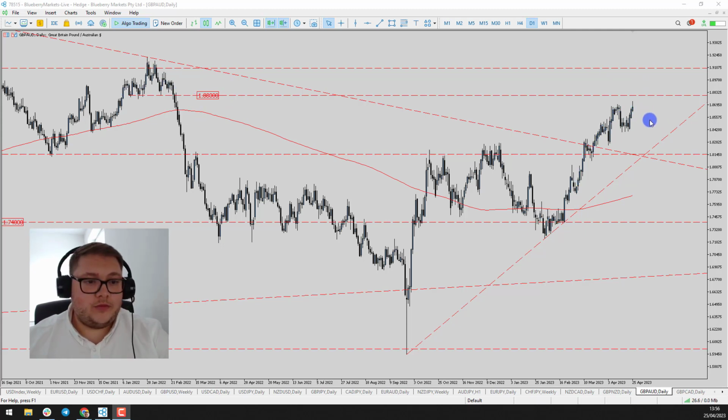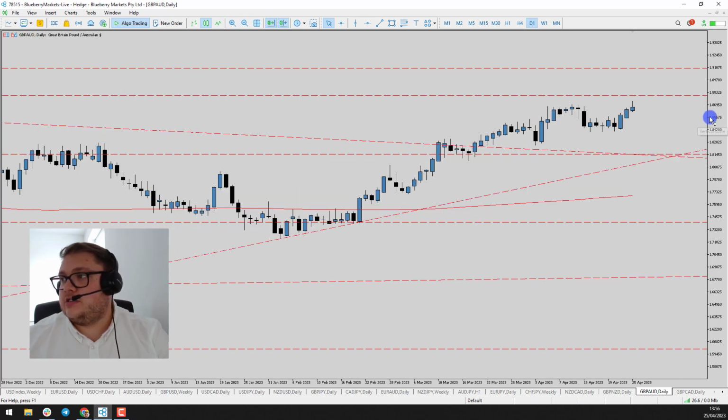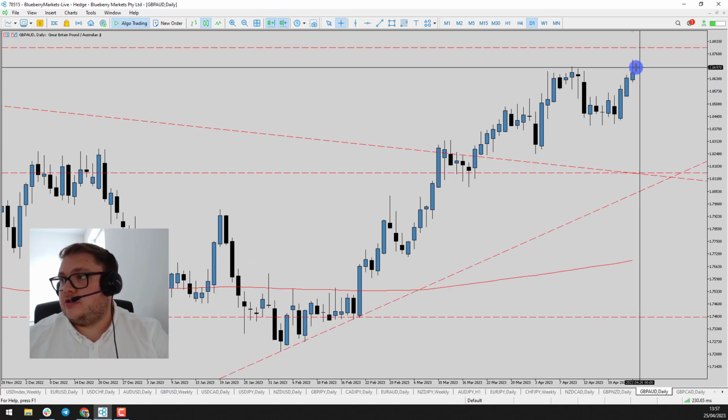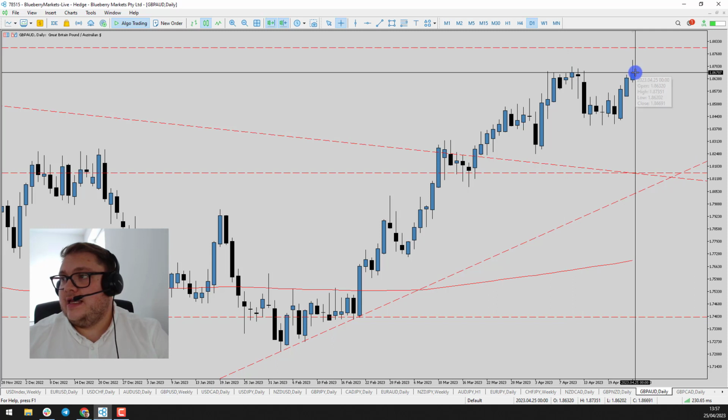One thing that I would be looking for is an area of demand or support on this type of time frame. At the moment price has come into previous structure highs here and is rejecting. I don't really want to be a buyer in an uptrend at a high, because the reward to risk is not good, and it doesn't make sense to be buying at a high.